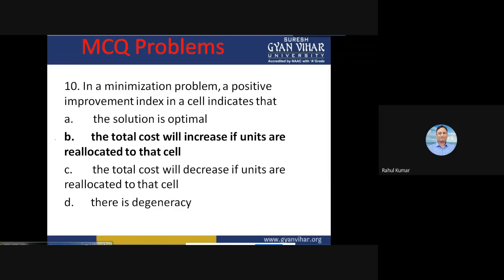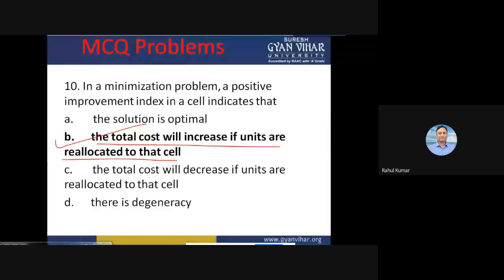So the correct answer for this question is 10. The total cost will increase if units are reallocated to that cell.